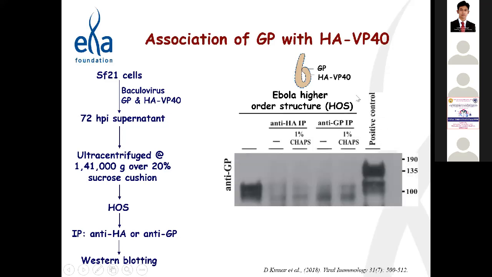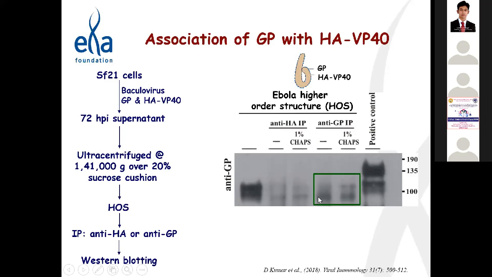So we did a Western blot, and you can see here that when we pulled the lysate using anti-GP antibody, we could detect the GP in the sample.